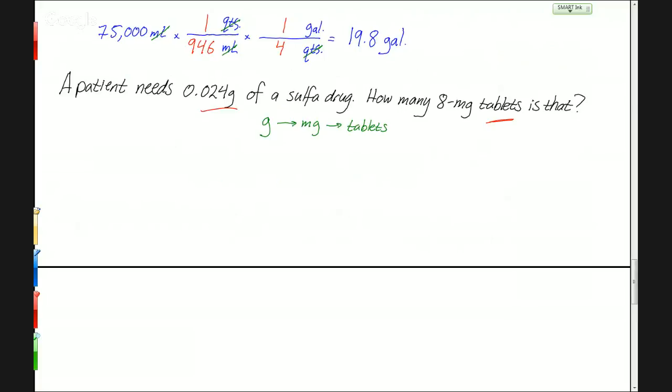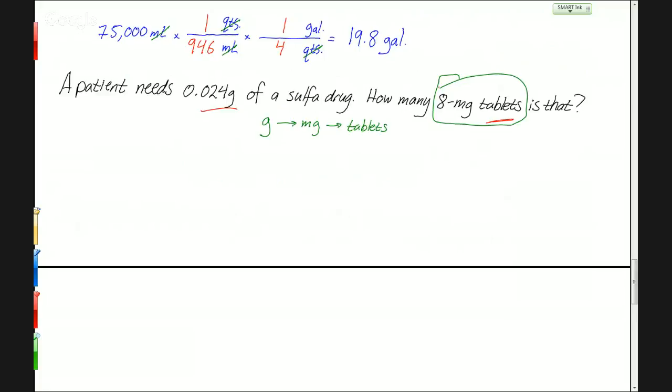You might not have thought of it this way, and as long as you came up with something that works, that's fine. Lots of people have different ways of doing these kinds of problems. But I think about it in terms of a plan of how you work through the units, starting with grams, moving to milligrams, and then to tablets, because we know how many milligrams are in a gram, and we know how many milligrams are in a tablet because we're told that each tablet is 8 milligrams.